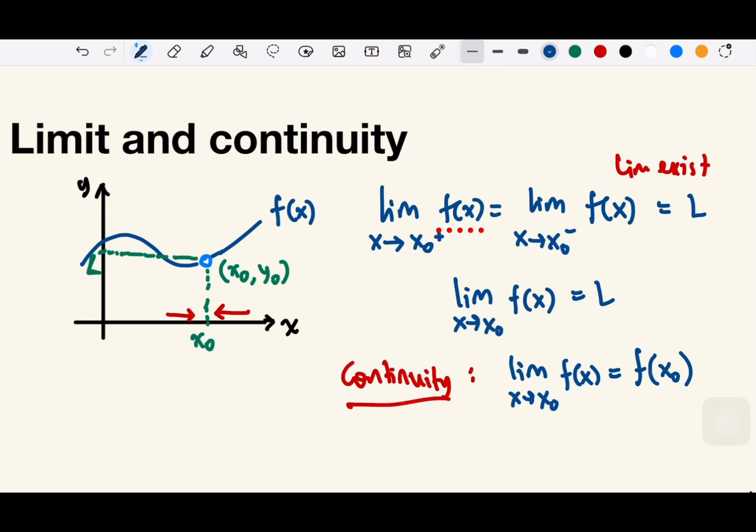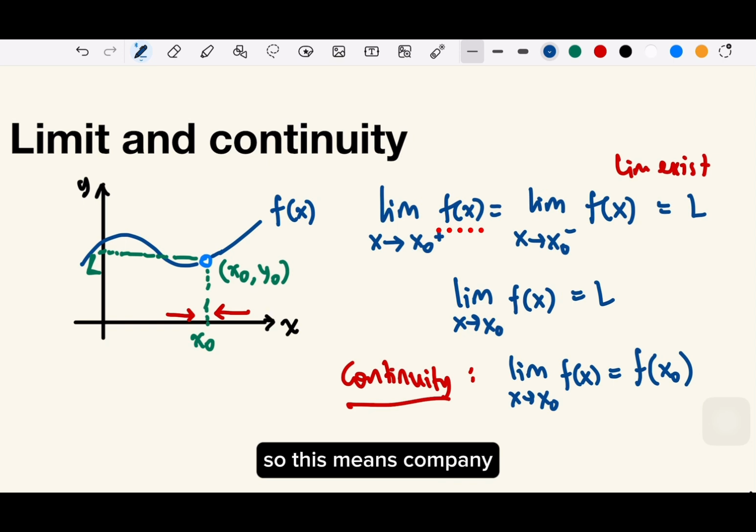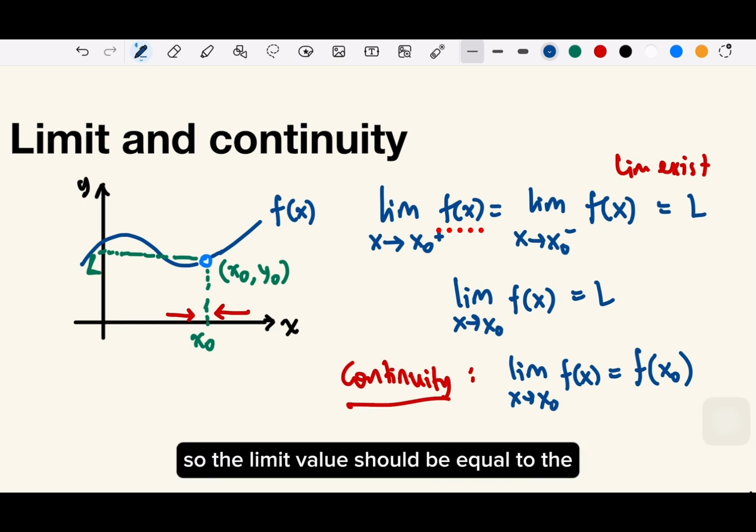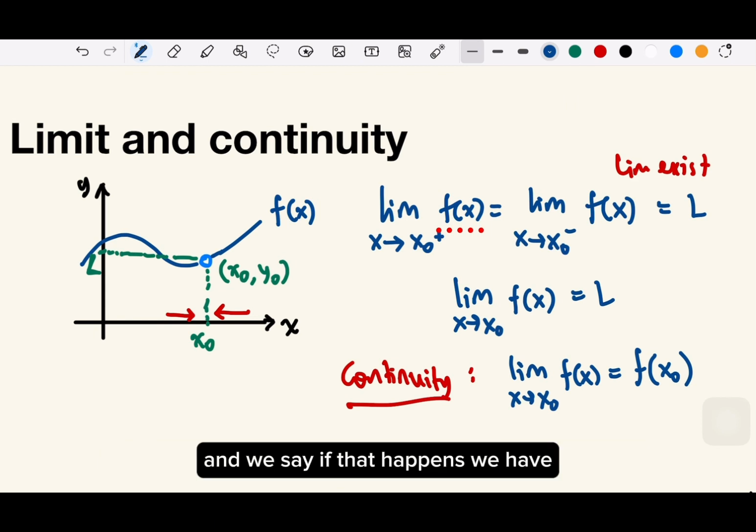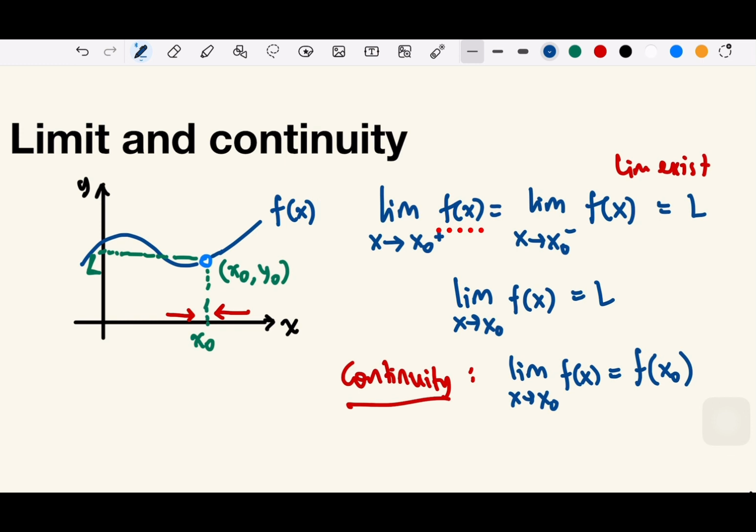So this means continuity. The limit value should be equal to the function when we plug in x0. And if that happens, we have continuous functions, right? These are the limit review of calculus 1.